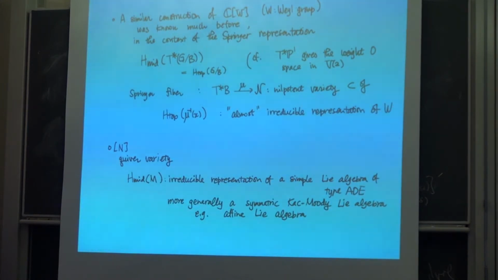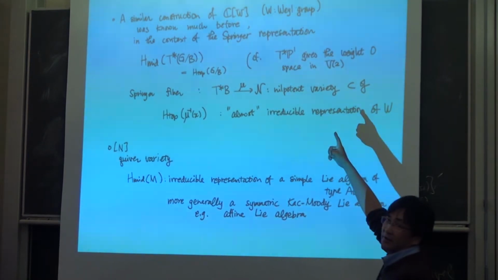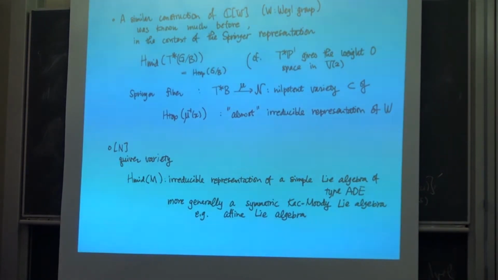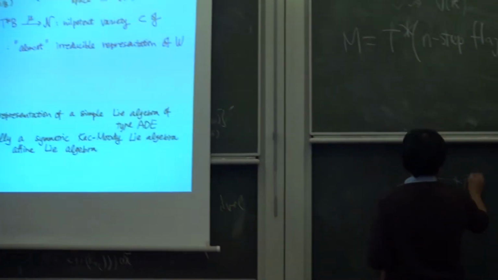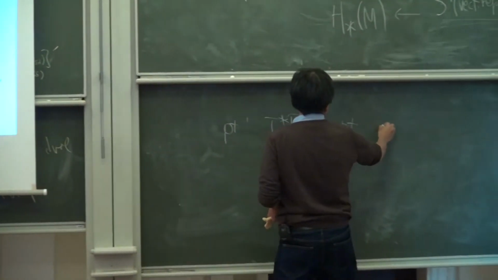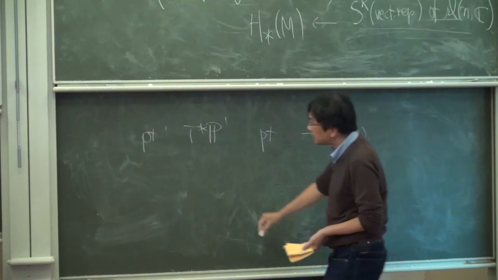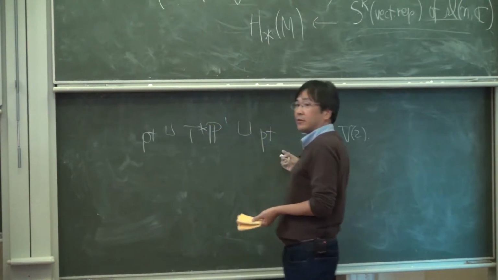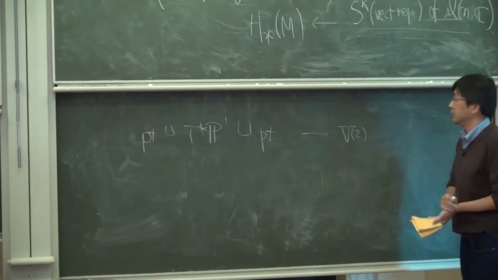And the two constructions are very close because, for example, if you consider T star P1, I realize this is a disjoint union of a point, T star P1, and a point. So this gives the three-dimensional representation. And each connected component corresponds to a weight space of this representation.